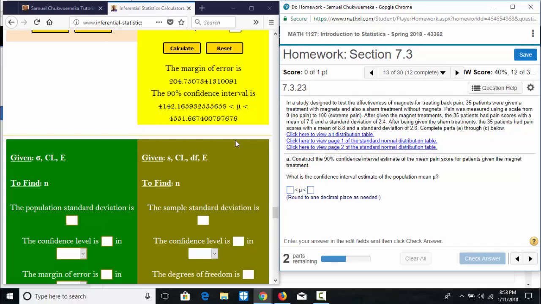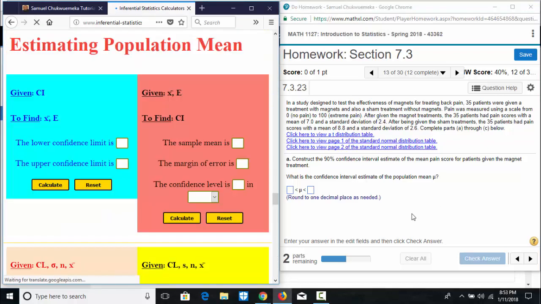Question 13. StatCrunch turn. In a study designed to test the effectiveness of magnets for treating back pain, 35 patients were given a treatment with magnets and also a sham treatment without magnets. Pain was measured using a scale from 0, which means no pain, to 100, which means extreme pain.